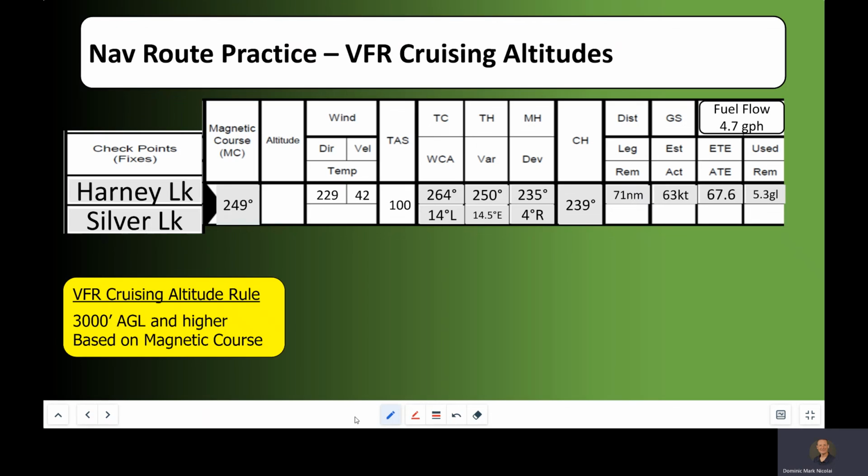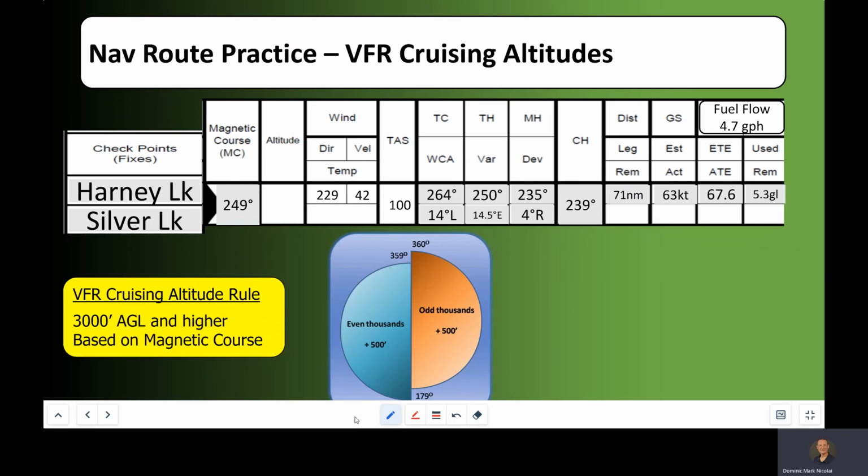So determining our cruising altitude then, what would be our lowest cruising altitude possible? We need to be 3,000 feet above our highest obstacle, and we need to apply this semicircular rule. Anything from 0 degrees through 179 degrees of magnetic course is an odd thousands plus 500. And 180 through 359 degrees is even thousands plus 500. Again, we're using magnetic course.